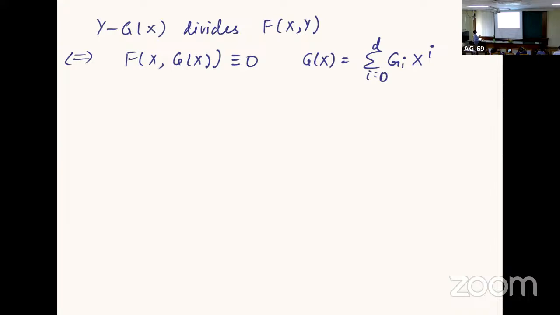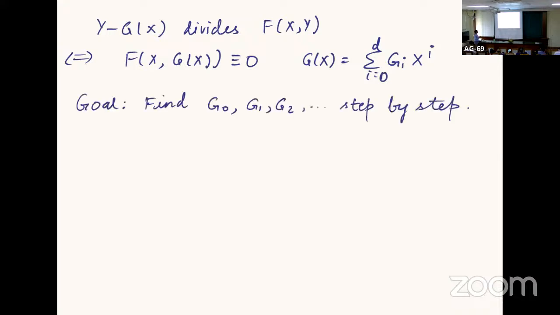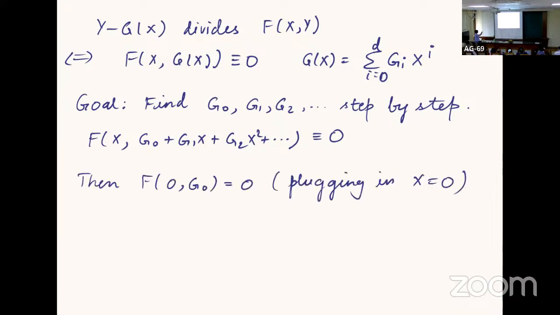Okay. So let's say y minus g of x divides f of x, y. So g is a y root of f, and we want to find g0, g1, g2, and so on, step by step. Again, just restating what we have. So what does this mean? It means f of x comma g of x is 0.